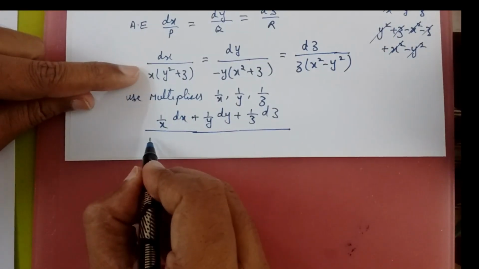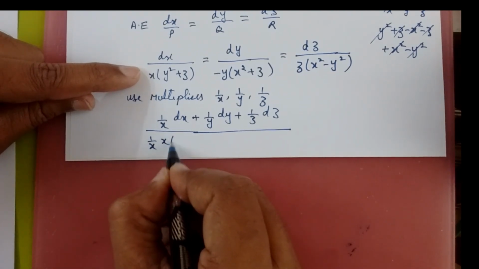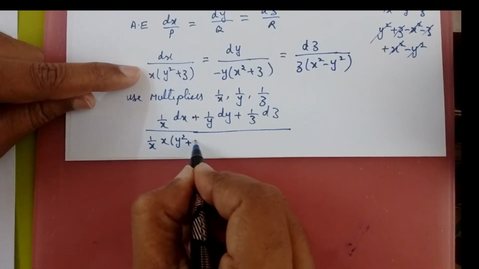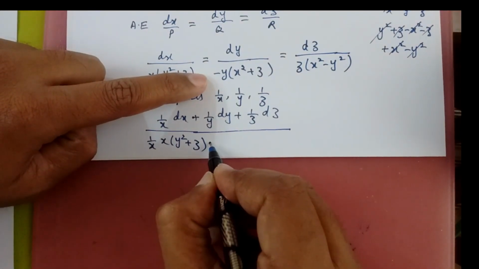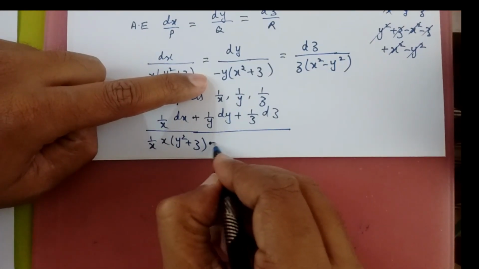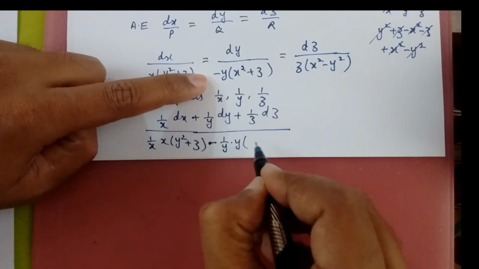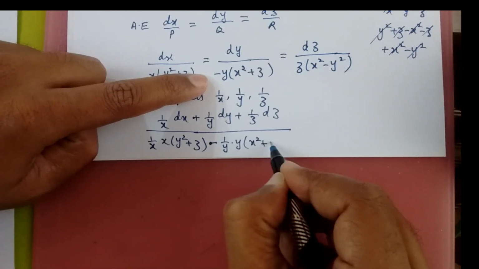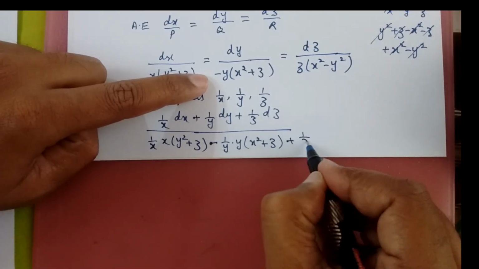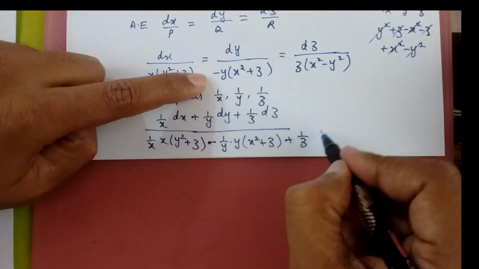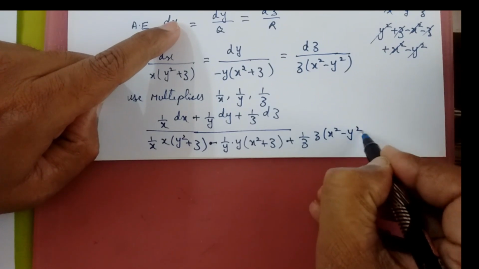the denominator. I'm using the multiplier as 1 by x into x times of y square plus z. Here a negative sign is there, so you can write negative outside. The multiplier is 1 by y into y times of x square plus z, plus the multiplier is 1 by z, so 1 by z times of z into x square minus of y square.